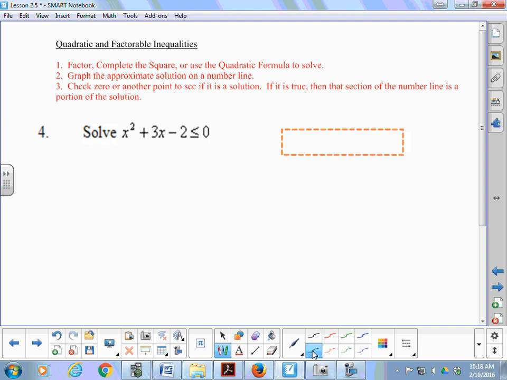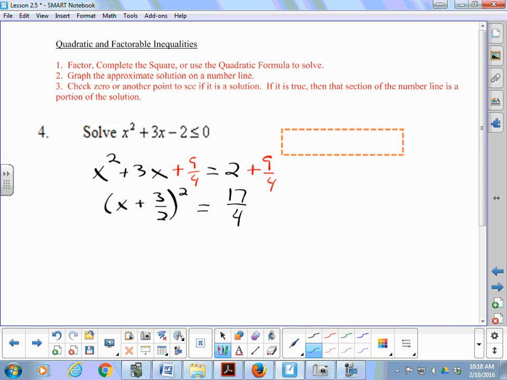So let's see, I need x squared plus 3x equals 2. X plus 3 over 2 squared, and then add 9/4 to both sides. Yeah, I did that in just one step.